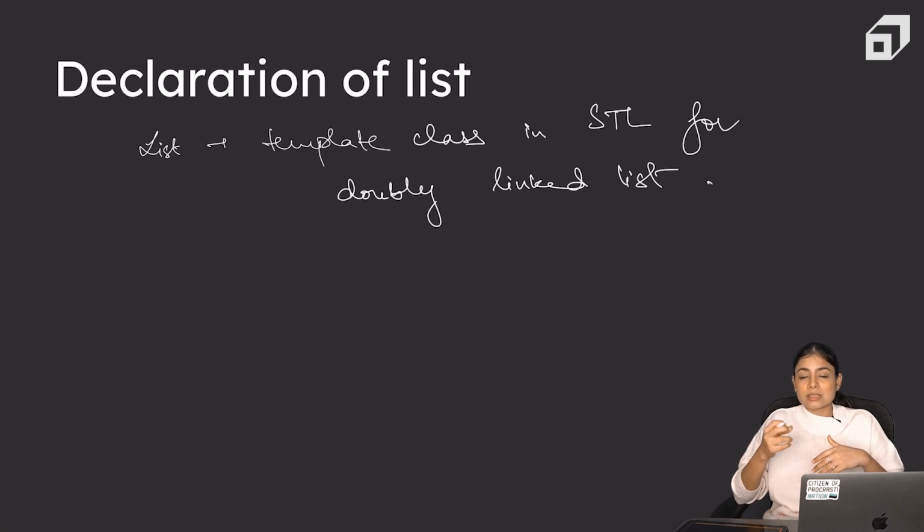So list is a template class for doubly linked list, where every node will have access to its next node and its previous node.